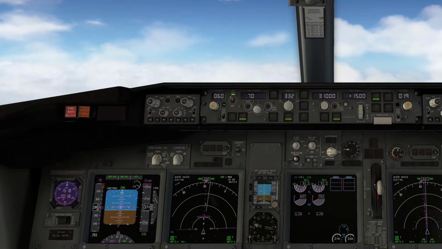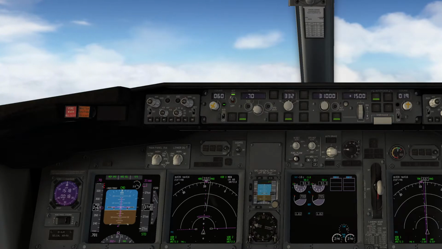And we are now passing flight level 275 or flight level 310. Nearly there.